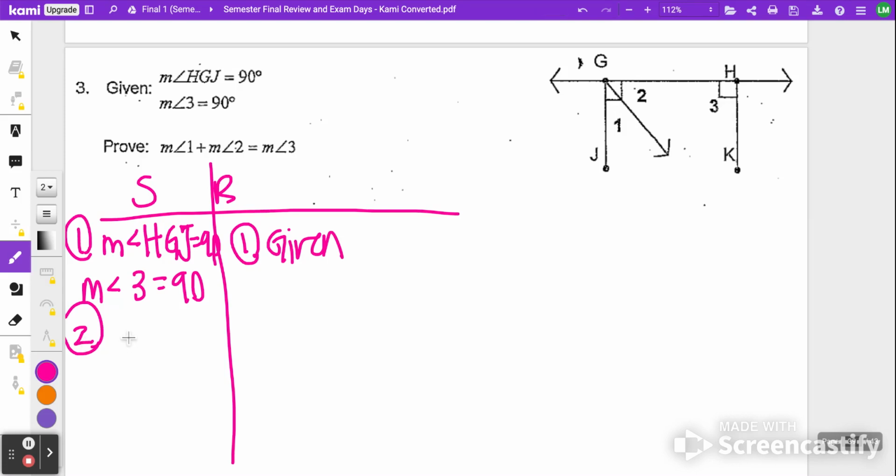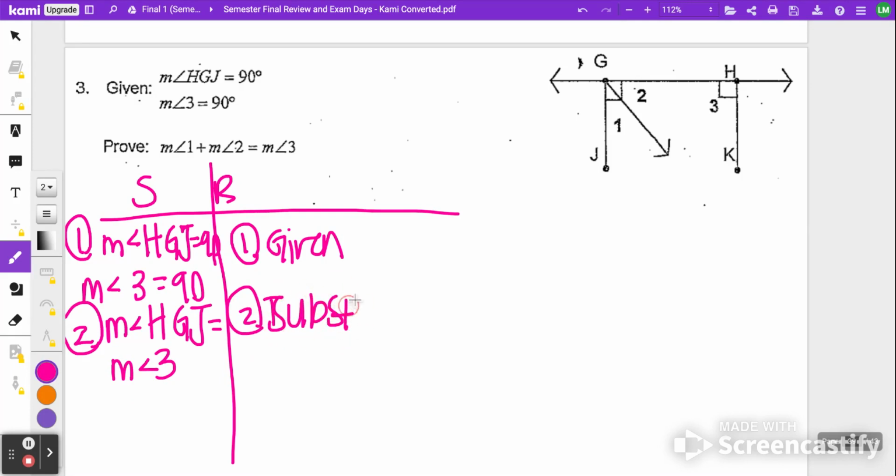So maybe you could even say that HGJ is also equal to 90 because we're just substituting what we're given here. So the measure of HGJ is equal to the measure of angle 3. I would say that's substitution. If you created one more step in between here, you could have also done the transitive route.